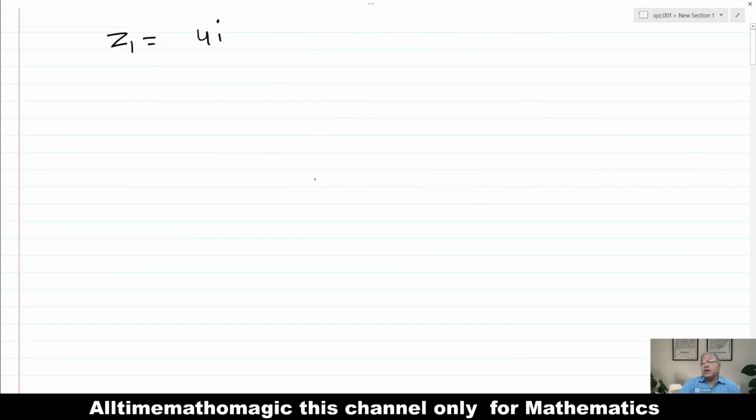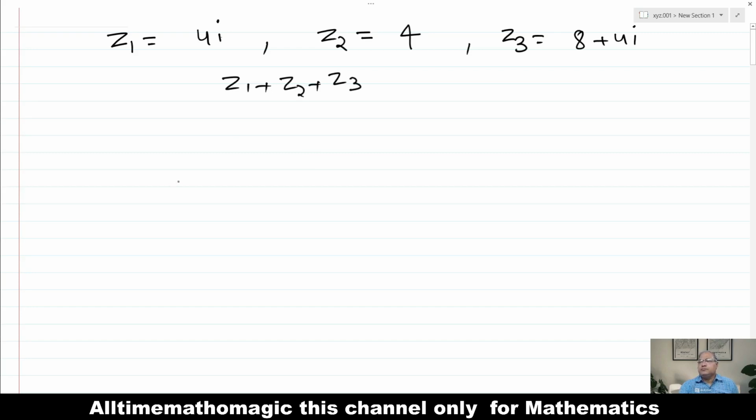Now consider another example. Z1 equals 4i. In this complex number, only the imaginary part is present. In case of Z2, only the 4 is present, and in case of Z3, both are present. So how to add Z1 plus Z2 plus Z3? Let us add them horizontally.